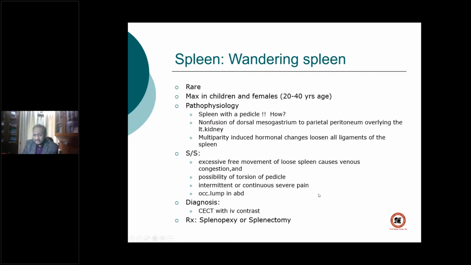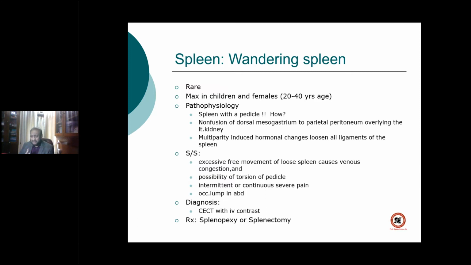You try to palpate the spleen on the left side, instead you find a vague lump, say in the periumbilical area. You don't diagnose it as a spleen. A periumbilical lump is more likely to be a mesenteric lump, right? But you have to remember that this could be one of the rarer diagnoses. The diagnosis is very easily made on a CT with IV contrast, and the treatment is simple. Either you fix the spleen or remove it.